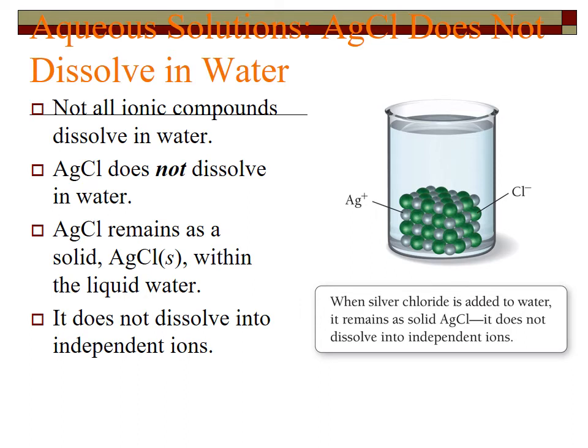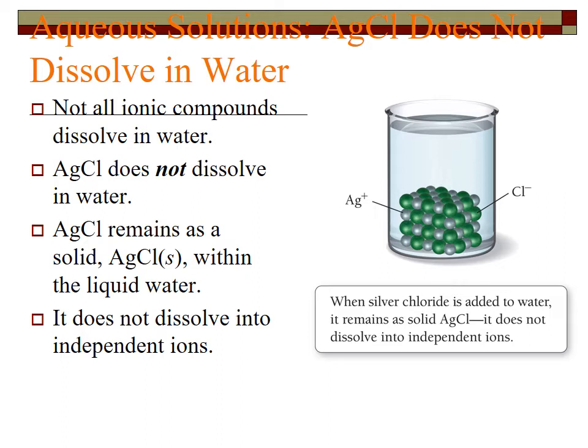Not all compounds dissolve in water. Here's an example: silver chloride does not dissolve in water. So what happens when we put silver chloride into water? That compound goes to the bottom of the beaker due to gravity. So silver chloride in this case is a solid.